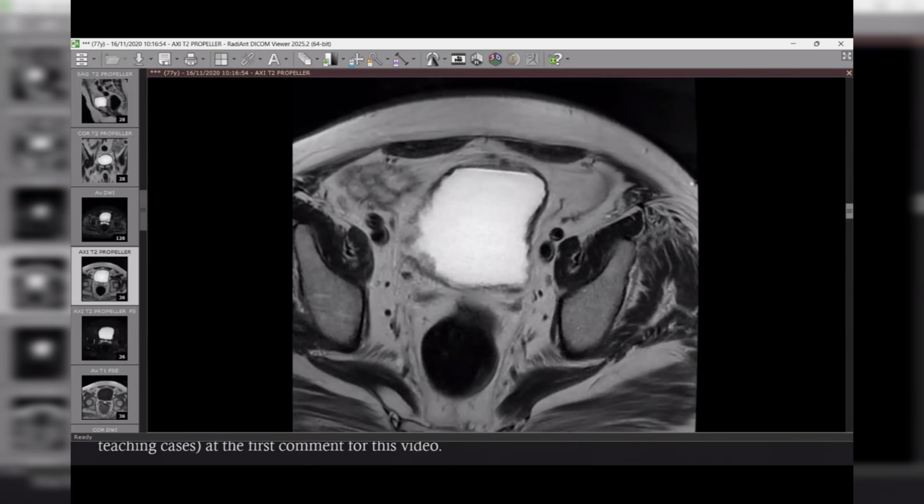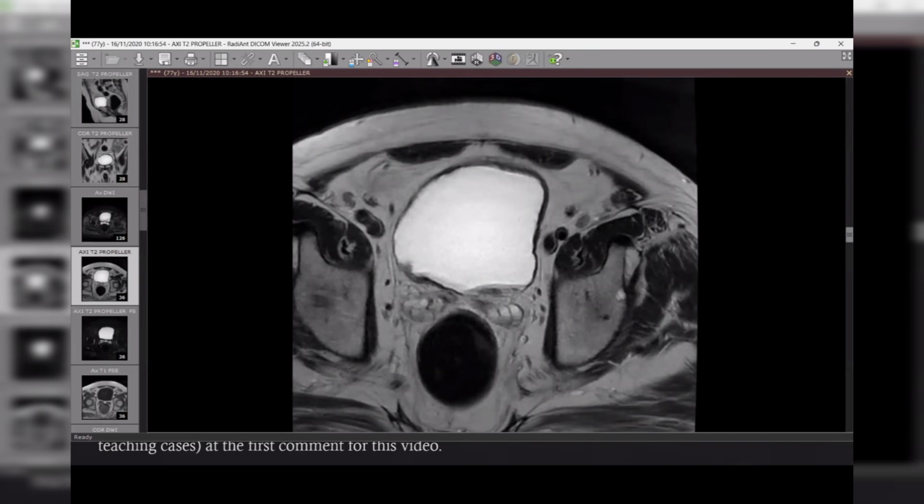Although on a few images, I can appreciate that the T2 hypointense wall is interrupted, and there is some fat stranding in the perivesical fat.